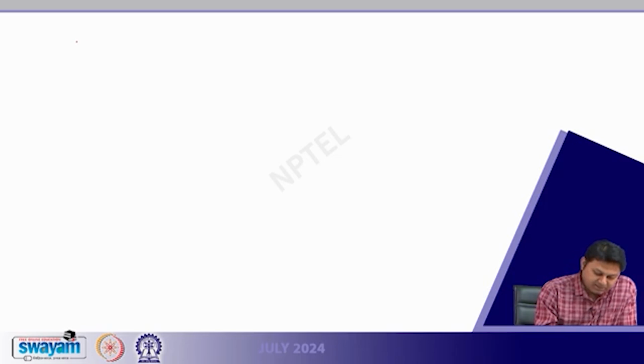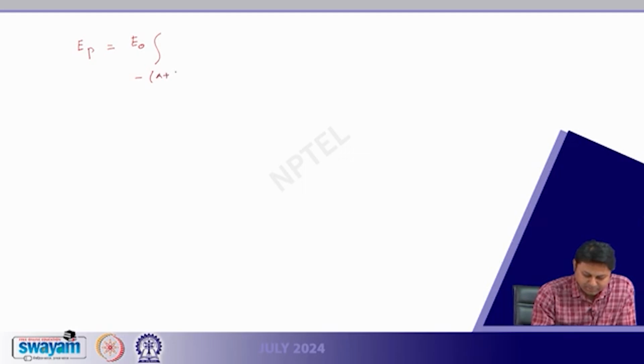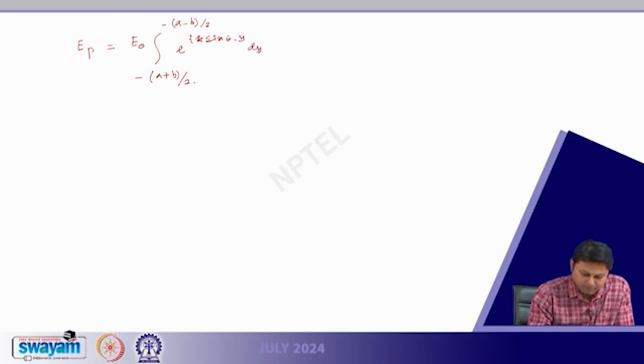So, E_P will then simply be E naught times the integral from minus (A plus B) by 2 to minus (A minus B) by 2 of e to the power of i k sin theta y dy, plus another contribution.